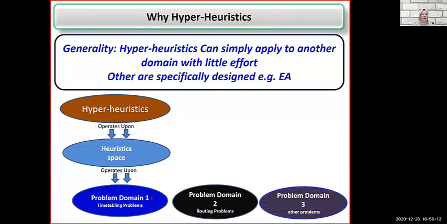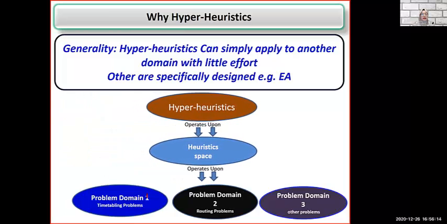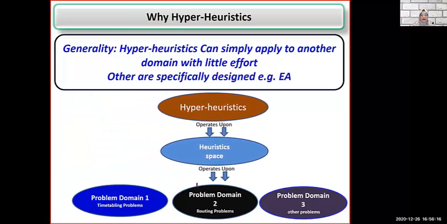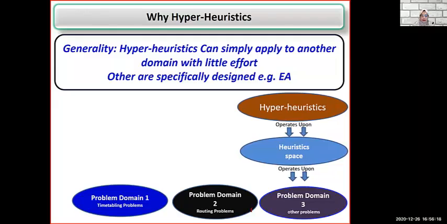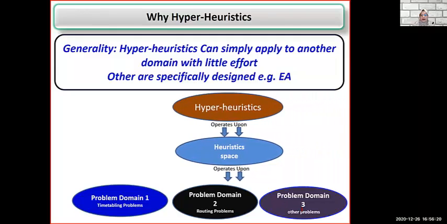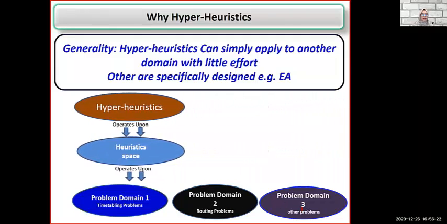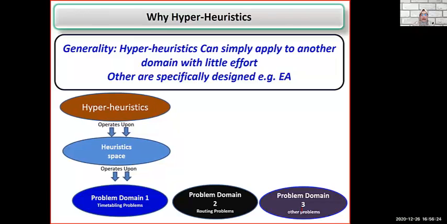Then we can just use the same algorithm and apply it to domain 2 and domain 3. So we can test with a minor modification, just applying the high-level heuristic to a different problem domain. Of course, the problem domain needs to be customized because of the solution representation, the evaluation function, and so forth.